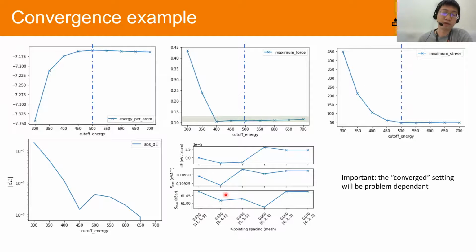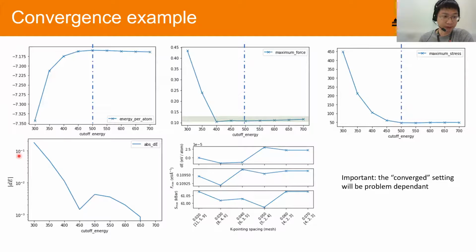So here's an example. This is for lithium iron phosphate, which I did. In the first diagram here, the y-axis is the energy per atom, and the x-axis is the cutoff energy. By increasing the cutoff energy, the energy per atom continues to change, but the change is gradually decreasing.